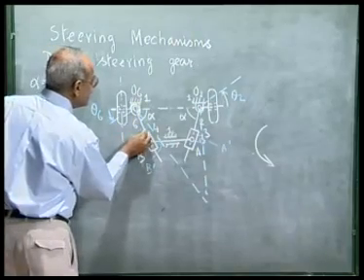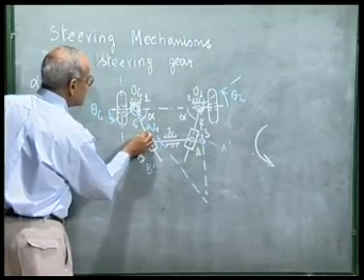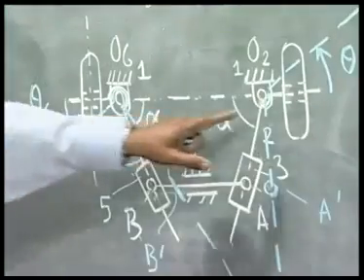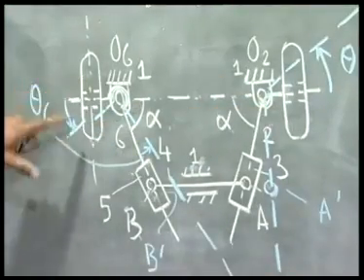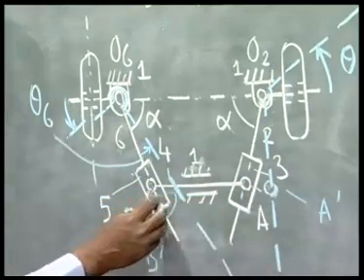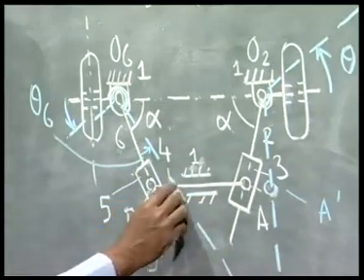That is, this angle is theta 6. So, theta 2 is the rotation of this axle, theta 6 is the rotation of this axle, as AB goes from AB to A prime B prime.